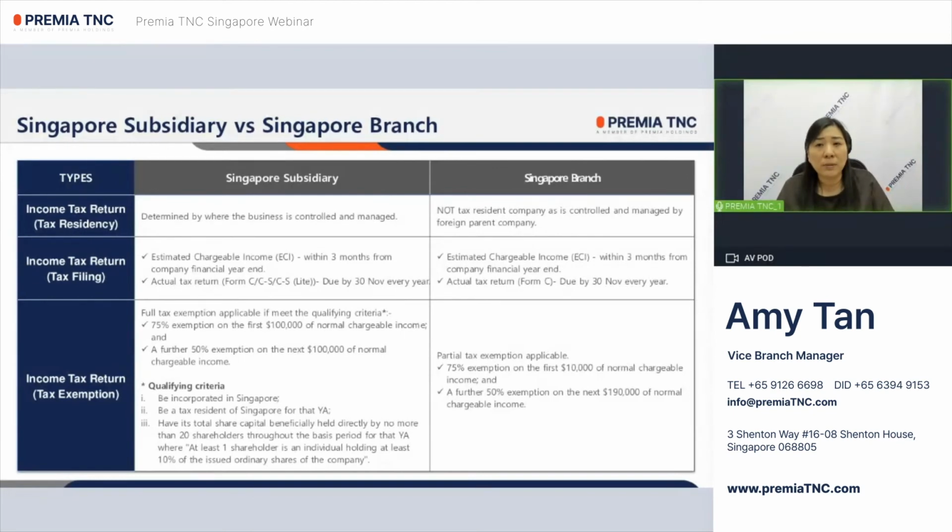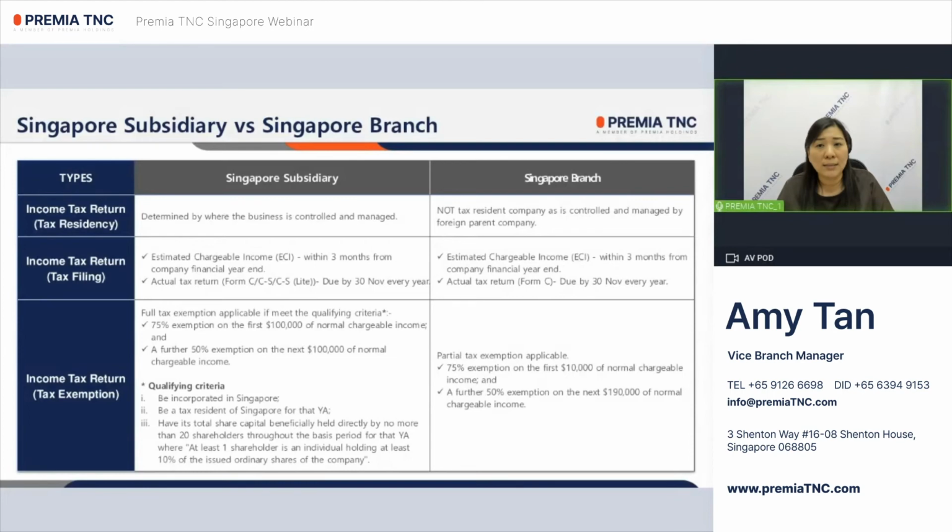Both Singapore subsidiary and Singapore branch are required to file estimated chargeable income, ECI, within 3 months from company financial year end. However, when it comes to actual tax return, which is due by 30th November every year, the tax return form to be used by Singapore subsidiary is either Form C, Form C-S or Form C-S Lite. For Singapore branch, only Form C can be used.